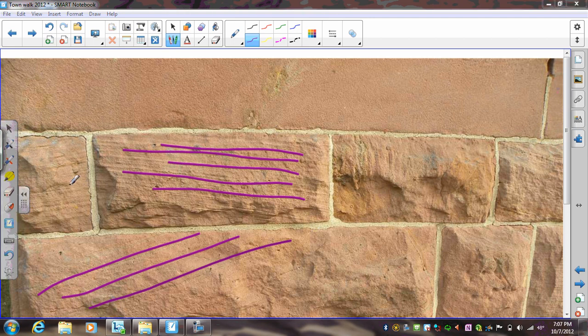You can see the lines like that. So again, observations of what you see here, then what type of rock, igneous, sedimentary, metamorphic, then give me a name for the rock, and then whatever question you have.